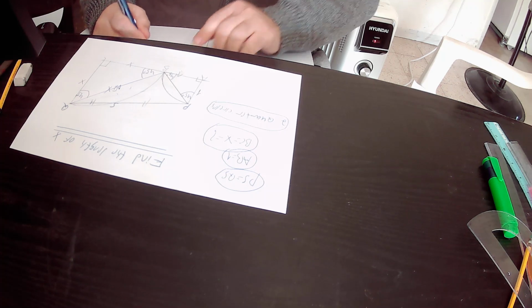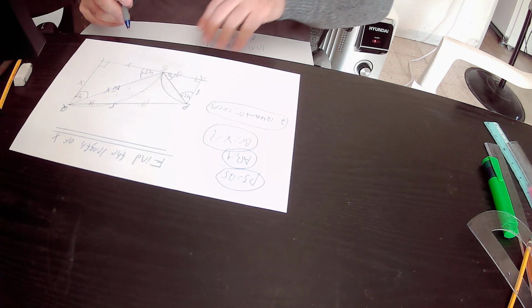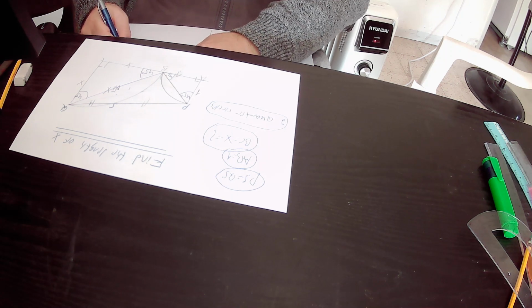Again, the sum of the angles on the upper side of the straight line AC at point B must be equal to 180 degrees according to rule number 3.